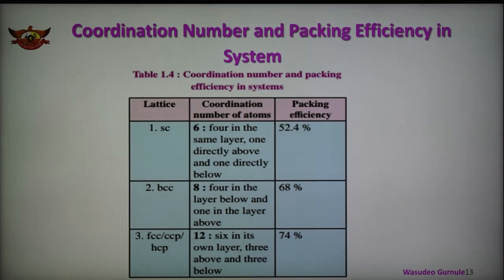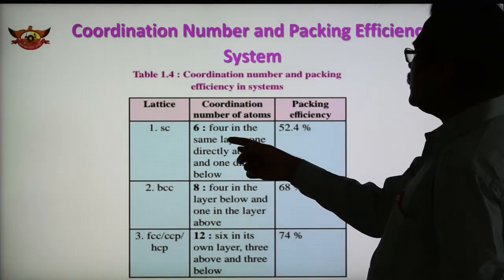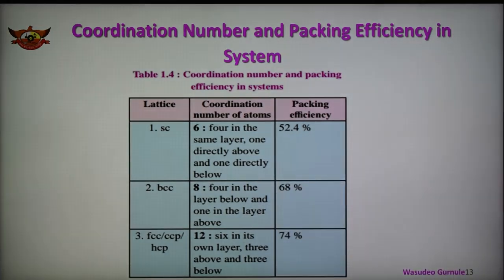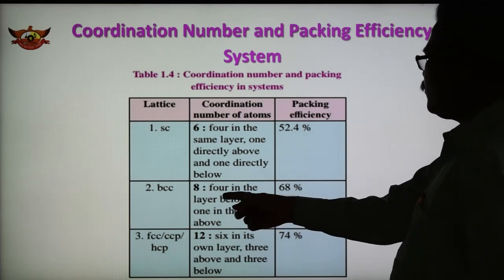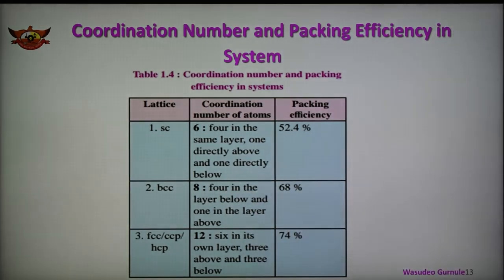So 4 particles are in the same layer, and one above and one below that layer. Coordination number 8 means 4 in the layer below and 4 in the layer above.